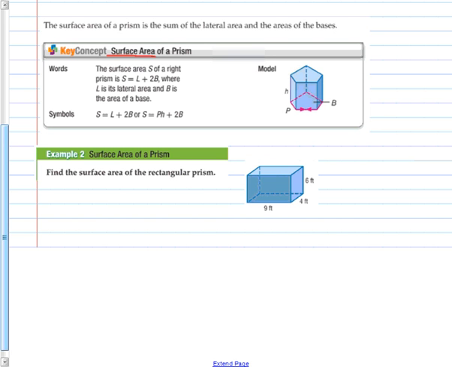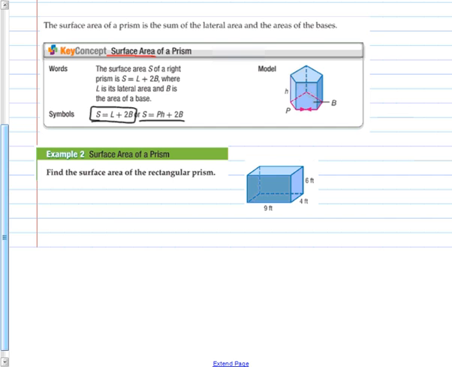The bases. How many bases do we have in a prism? 2 of them. So all we do for this formula, and there's another way of writing it, is say I take the lateral area plus twice the area of the base. Capital B, you need to think area of base.